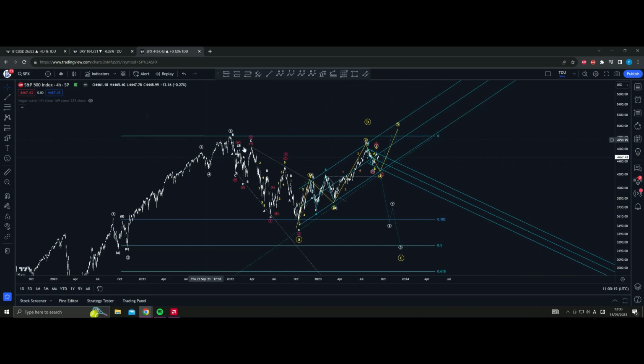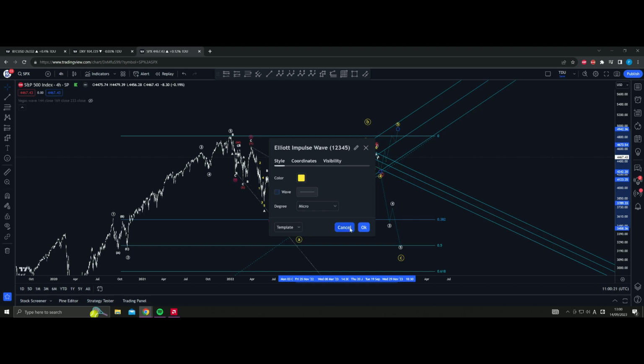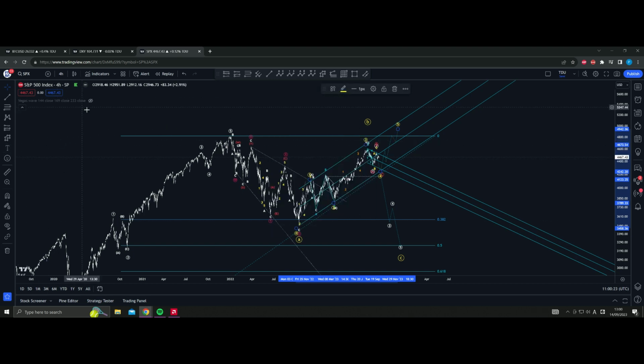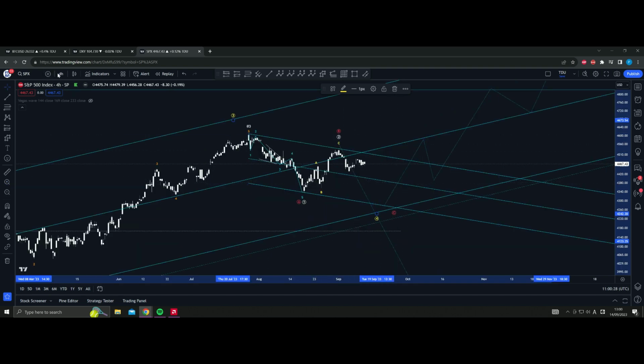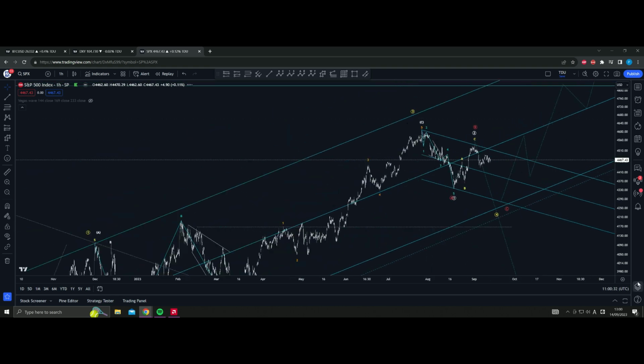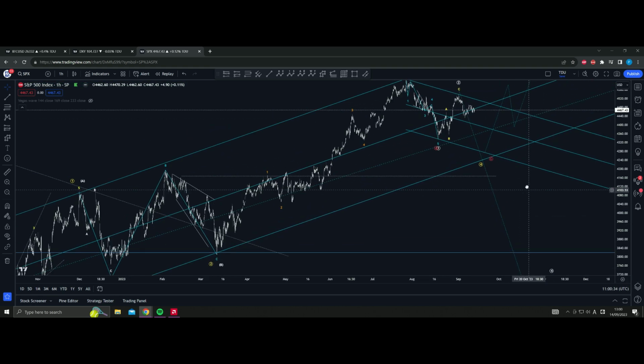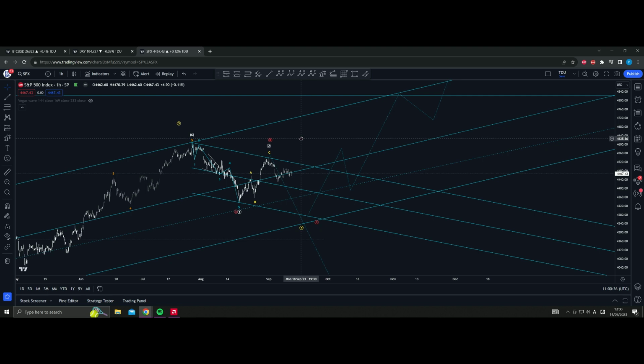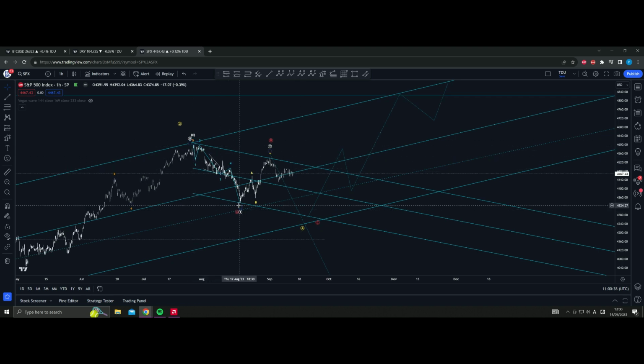Okay, let's go there, the micro count and time frame. Okay, 1 hour. So I counted this wave as impulsive, and I have to also admit that I see it as well as a hybrid, as a 3-wave move as well.